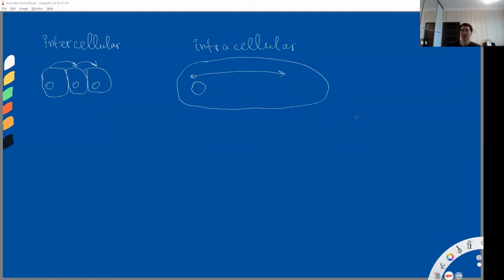Inter, okay. So intercellular usually has 3 types of interaction. One might be paracrine, autocrine, endocrine.